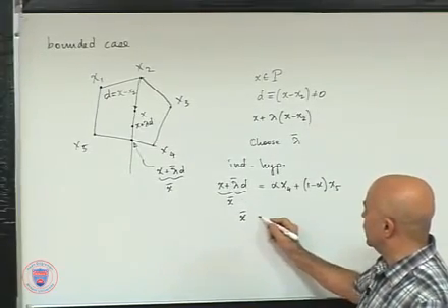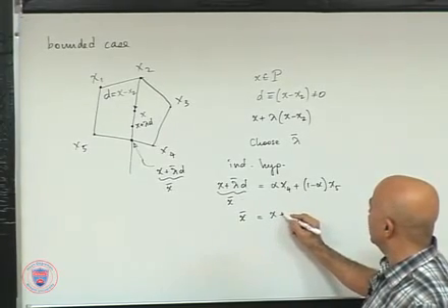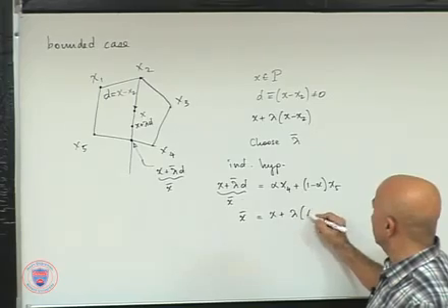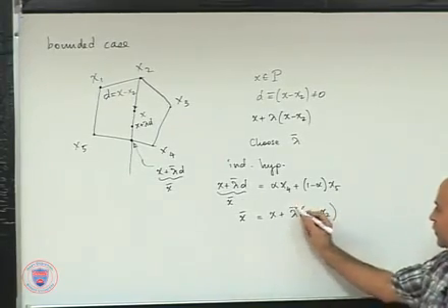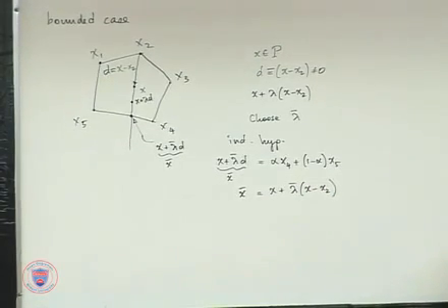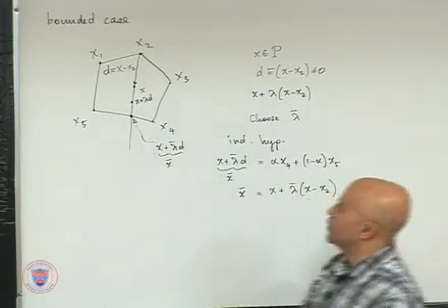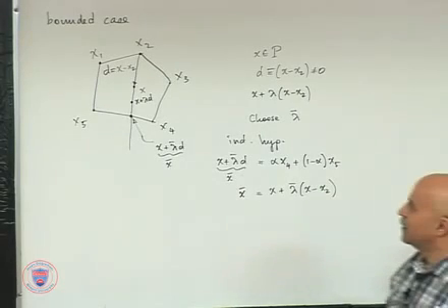And x bar is equal to the old point x plus lambda times x minus another extreme point x2 with lambda bar. So how do we express x as a convex combination of the points of interest here? Convex combination of x2 and x bar.